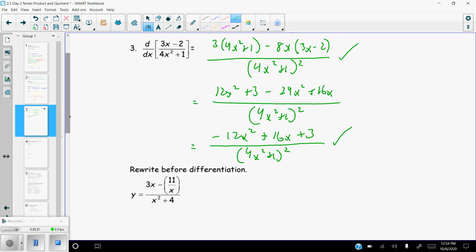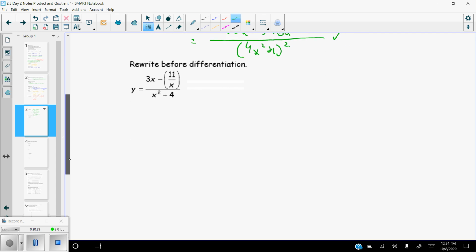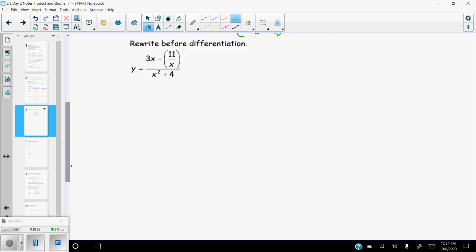All right, if you look at the next one, it looks like it's much more difficult. It's really not, if you understand that you can rewrite this in multiple different ways. Probably the easiest thing, and the thing I think most people would probably see to do, is to change 11 over x to simply be 11x to the negative 1.